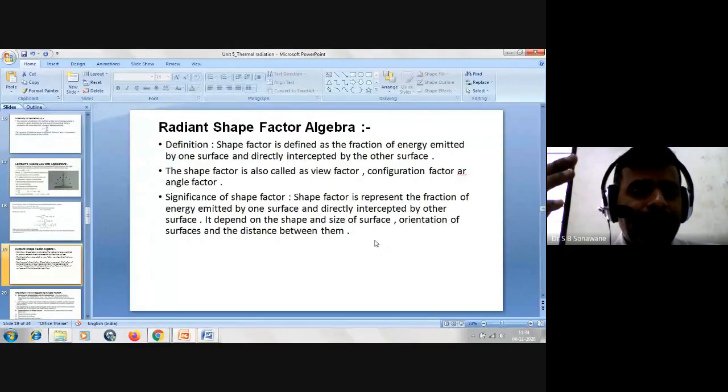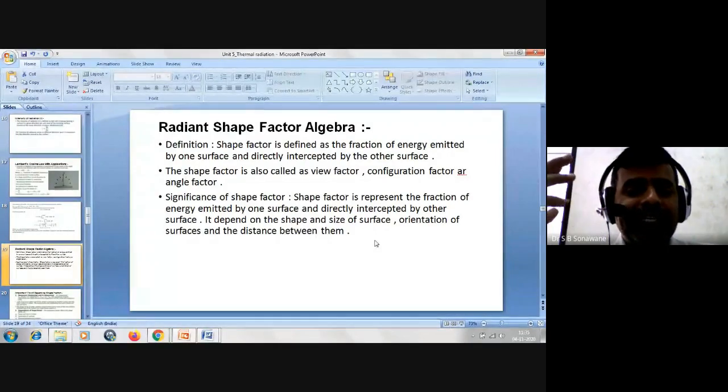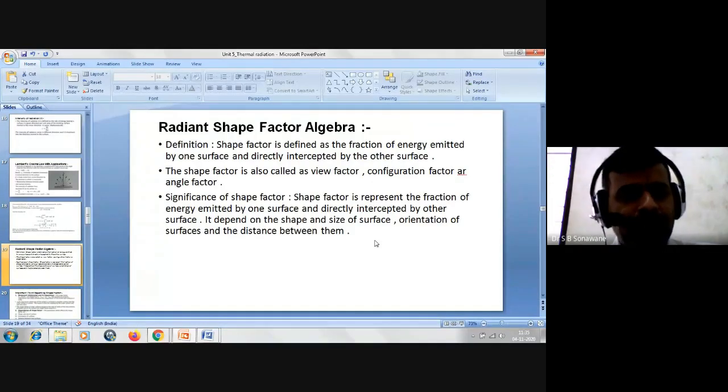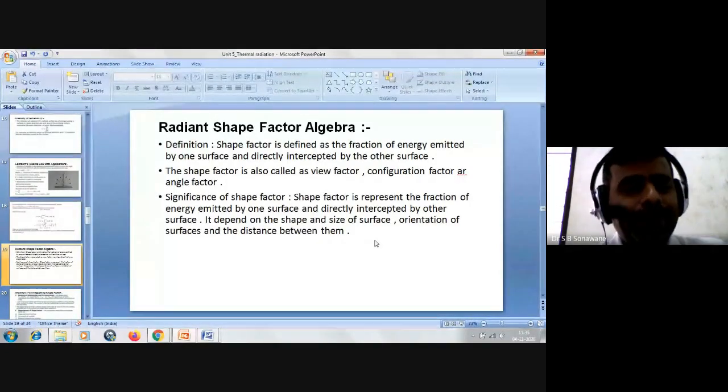Okay, so when we are interested to determine the radiant energy emitted by the sun surface or received by the earth surface, we need to consider those two surfaces only, where we have to determine the net energy exchange because of radiation. Understood?